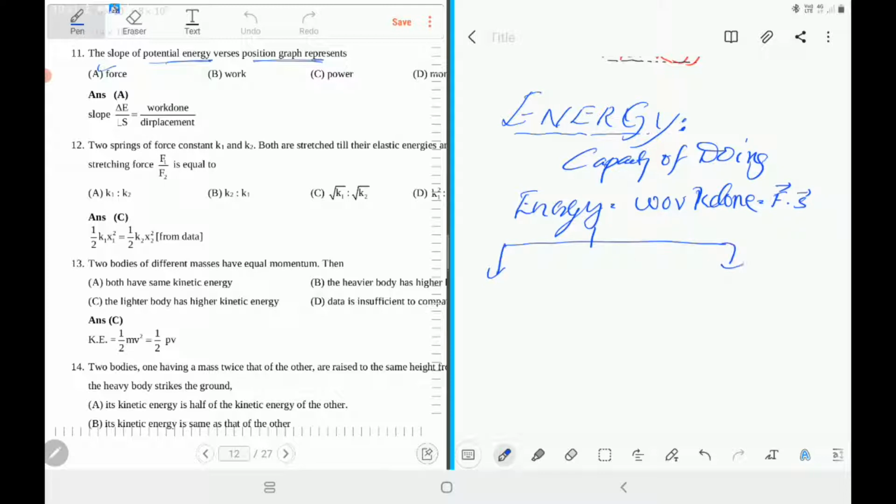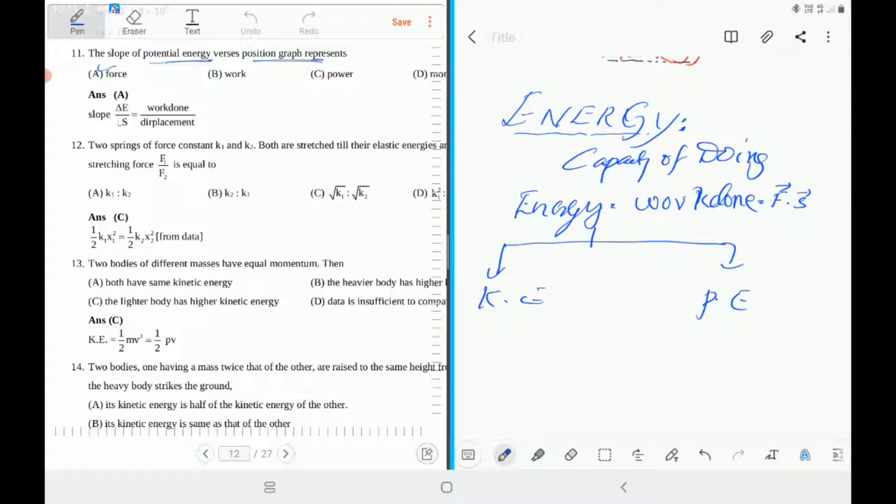Kinetic energy you learned here, and potential energy in different forms: gravitational potential energy, spring potential energy, electrostatic potential energy, magnetic potential energy, right? Normally you have learnt different sorts of forms of energy in regular classes, like wind energy, tidal energy, nuclear energy, thermal energy.